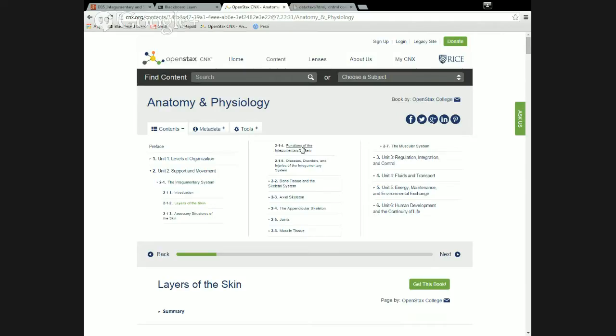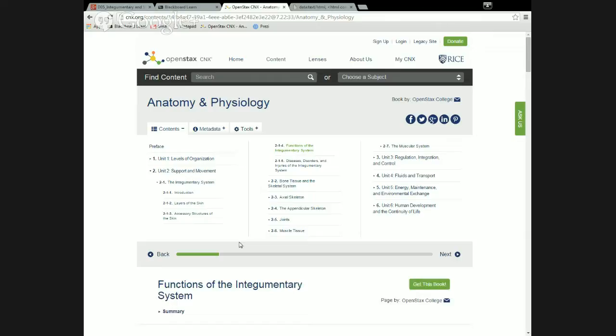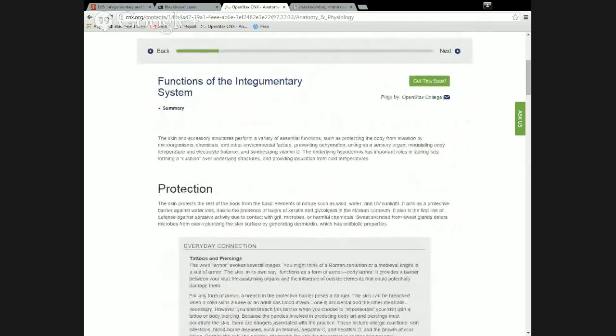So there is a section in the chapter on the skin that says functions of the integumentary system. Since I like stressing this idea of tying the tissues to the functions of the skin, I like to put this up front. And so obviously the most important thing is the protection that the skin provides.